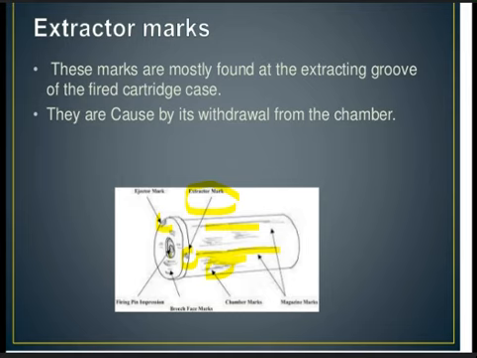Okay? So I hope nga inyong natagan og differentiation ang extractor, ejector, o ang firing pin impression. These are actually the most consideration when a forensic ballistic examiner or when a ballistic examiner has to examine a fired cartridge. Di ba? Muna siya ang basic nga determination. Di ba?